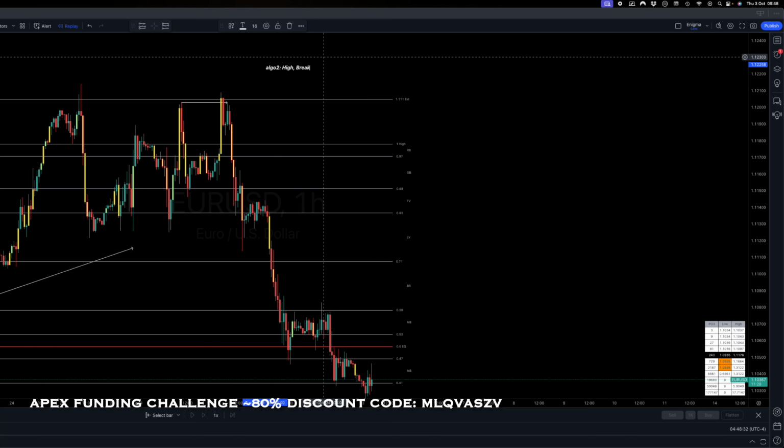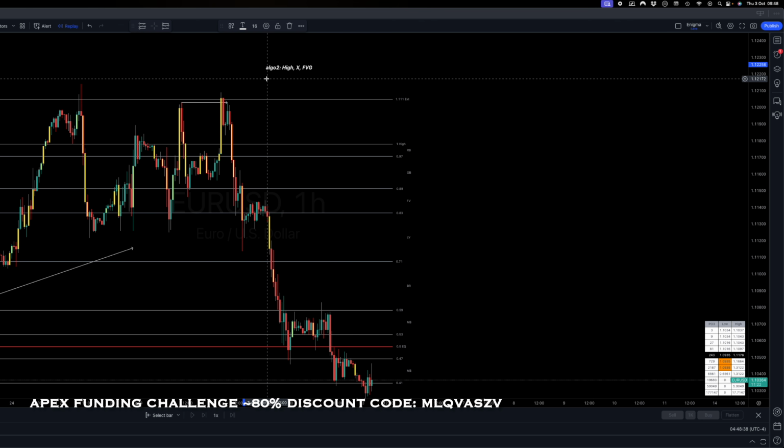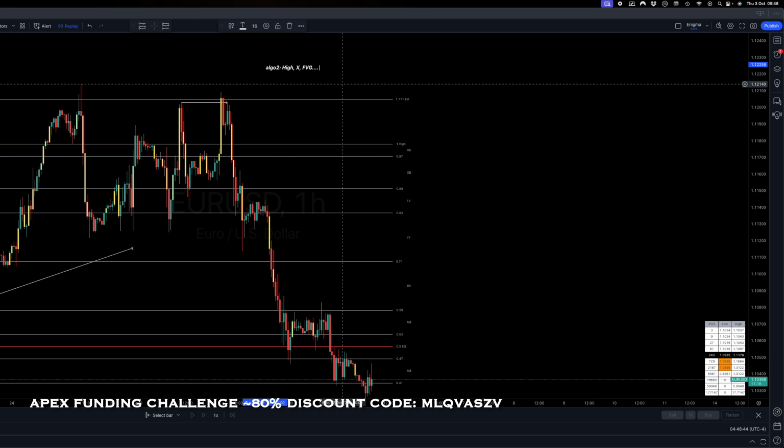So I say to a point, to a swing low, we retreat or retrace back into the fair value gap. And then the extreme move of an algorithm 2 should finish at the opposing order block.